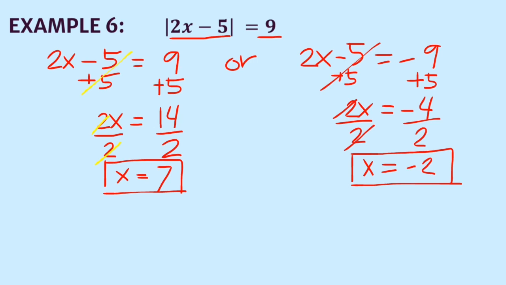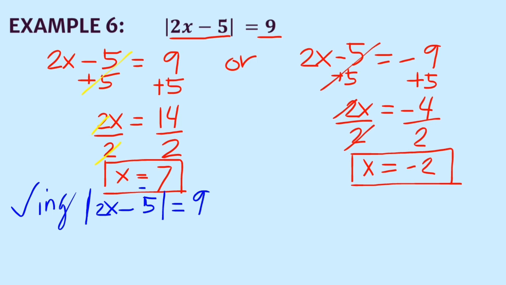So let's do the checking here. In doing the checking again, we have to copy the original equation, which is the absolute value of 2x minus 5 equals 9. Now, let's substitute first the value 7 for the x of our original equation.